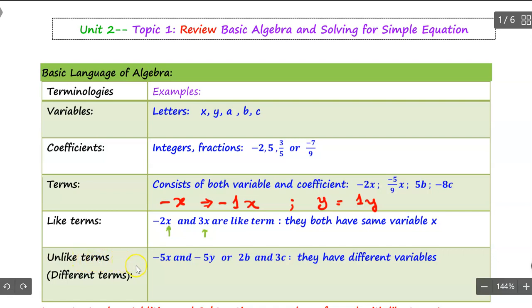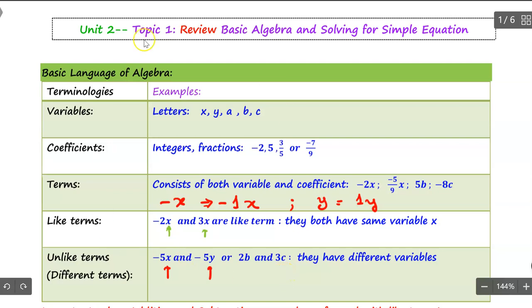Unlike terms are when you have different variables. Here I have variable x and variable y, even though I have the same coefficient. The same coefficient doesn't mean that I have like terms. Like terms apply to the variables. So in this case, I have different terms. If I have -5x, -5y, 2b and 3c, they are different because they have different variables.